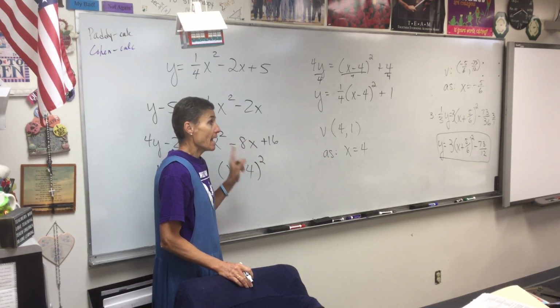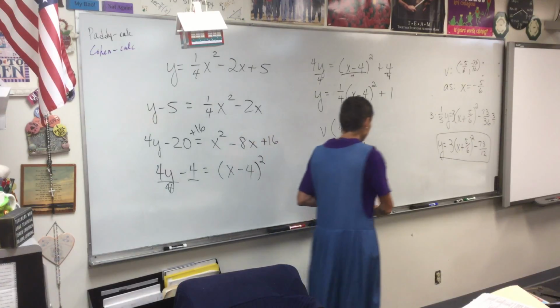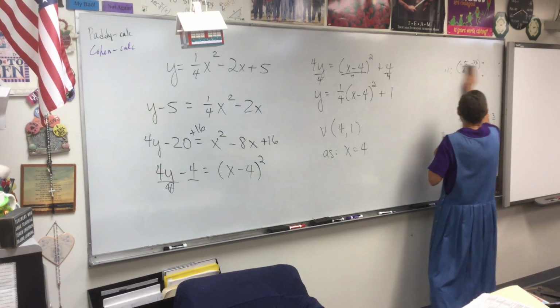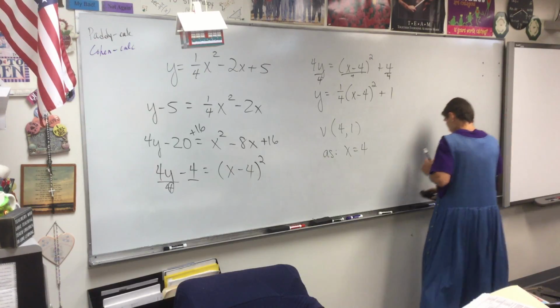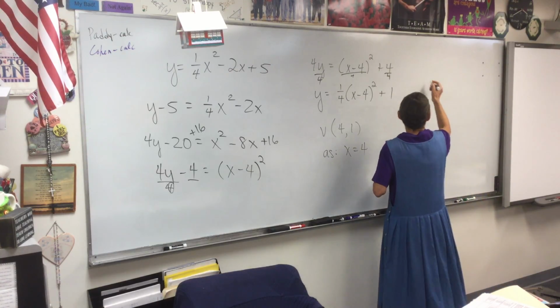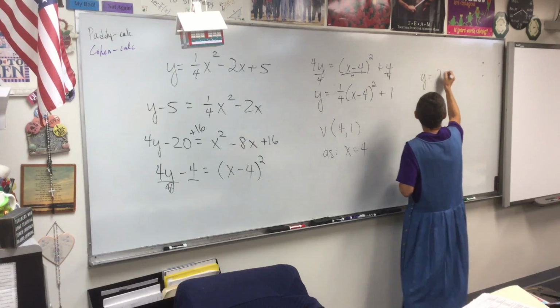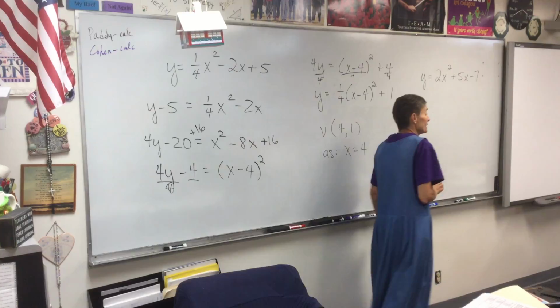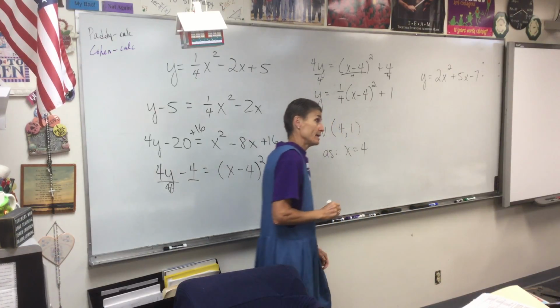Okay? Now, there is another way to find the vertex and axis of symmetry of a parabola, and I think you probably already know it. So let me make up another example. I'm going to show you another way.